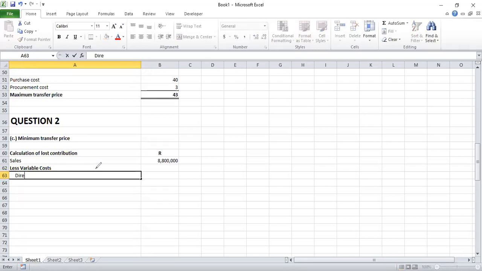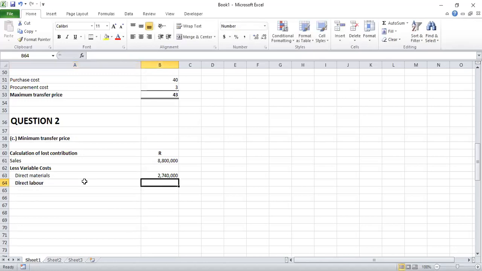Direct materials, which is 2,740,000. And you should make sure that you are using the selling division. I'm using Division A, which is the one that determines the minimum transfer price. Then direct labor, 2 million.